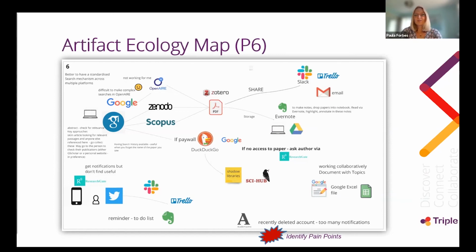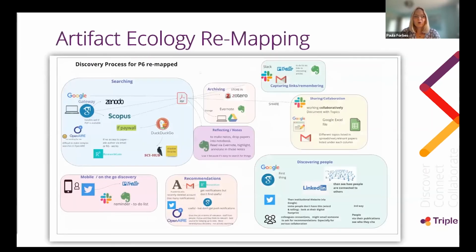Okay. So from this and the maps, after a period of reflection, we had a few different boards. I went back over them and did a regrouping, a sort of remapping activity. And this was also done in the Bødker paper as well. They did this remapping. It is based on the different themes or activities that were taking place. So you can see that the blue box is the actual searching. The bottom right-hand side was searching more for people rather than academic publications.